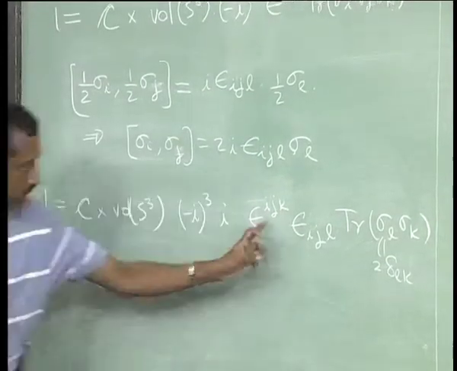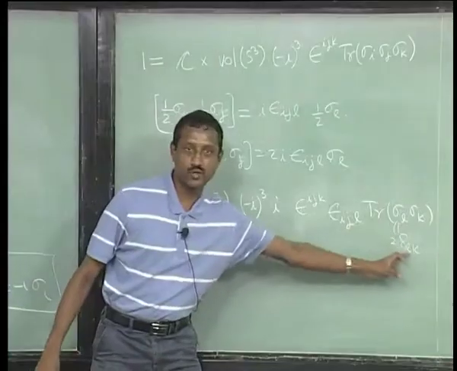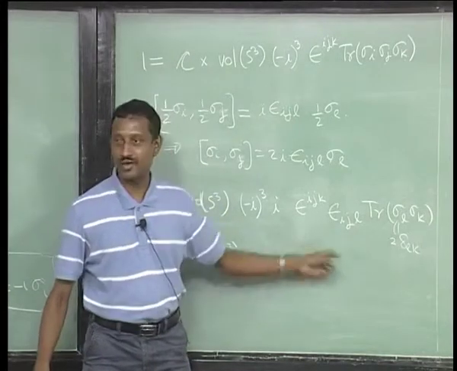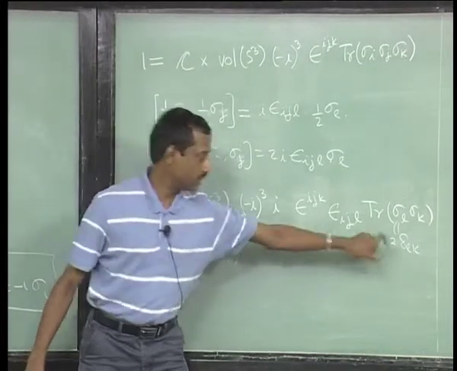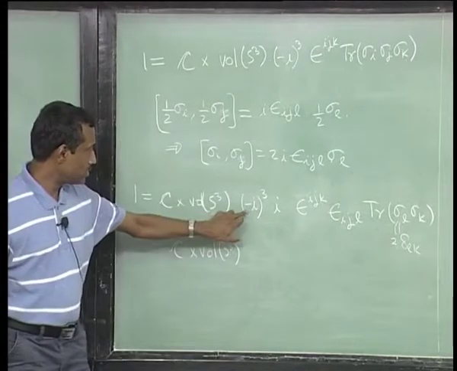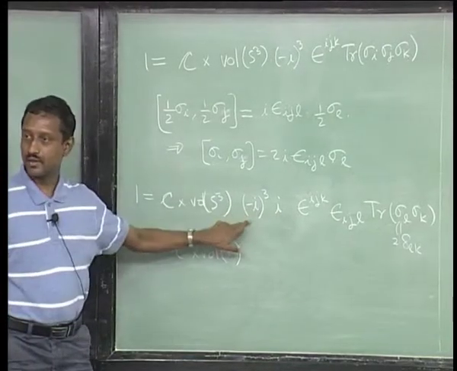Okay. So you get 2, and then you get epsilon_ijk contracted with delta_lk, but that is 3 factorial, which is 6, and then you get a 2 from here, and then this gives you minus 1.